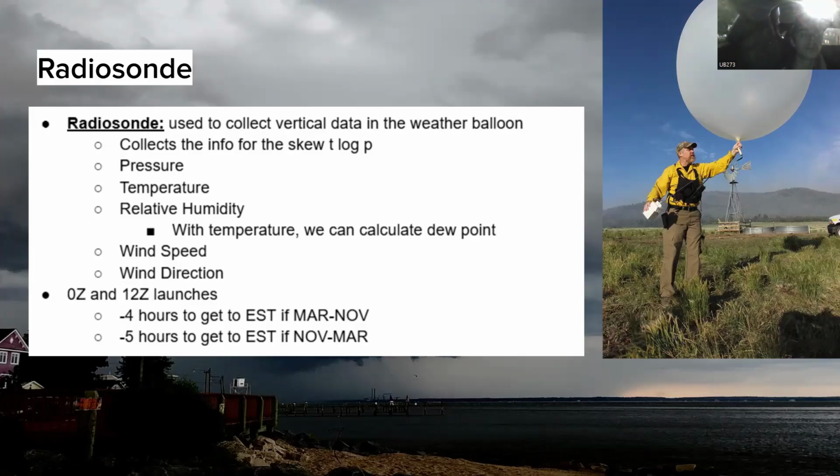So if we have a 0Z, then 4 hours before that, we're going to have a launch at 8 a.m. That's going to be the morning one. And then for the evening one, that's going to be 8 p.m. because these are 12 hours apart.